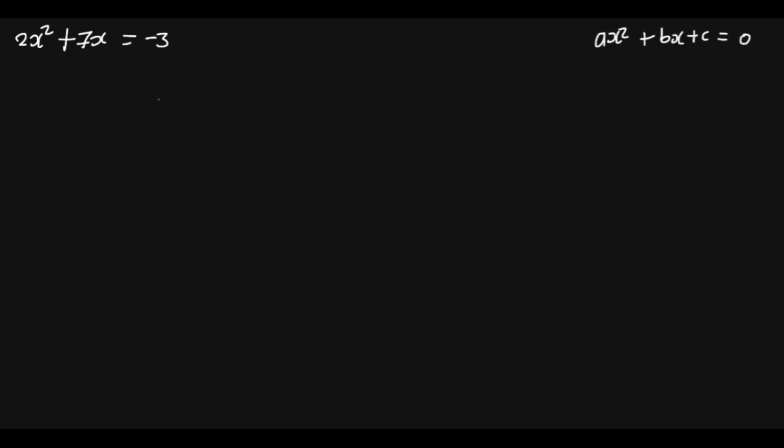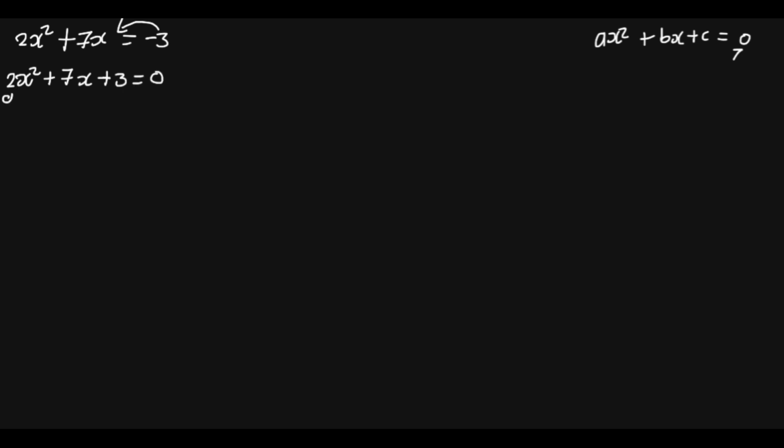So you can see that we need to move this negative 3 to the left side of our equation so that we have a 0 here. So we have 2x squared plus 7x, and if this moves to the other side, we get positive 3, then is equal to 0.